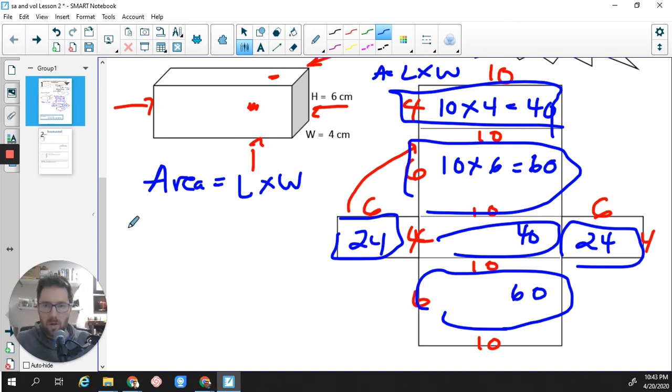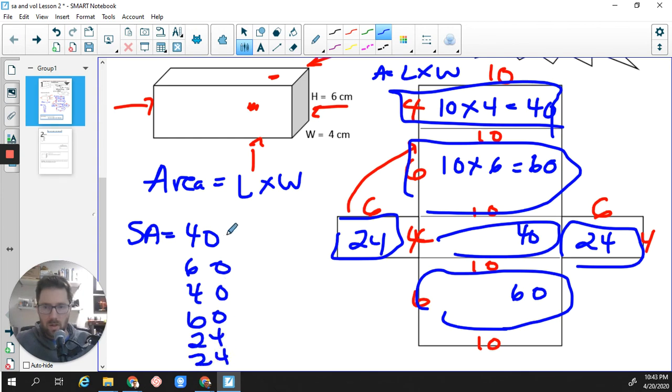So if we want our total surface area, we're going to add them all up. So we're going to go 40 plus 60 plus 40 plus 60 plus 24 plus 24. So I know 40 and 60 is 100. Whoop. If I'm not too messy about writing it.